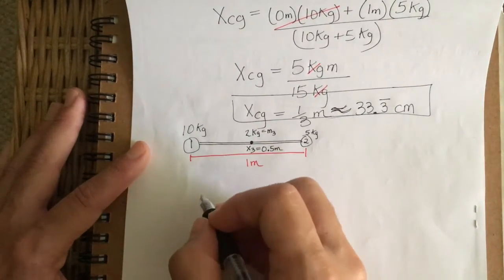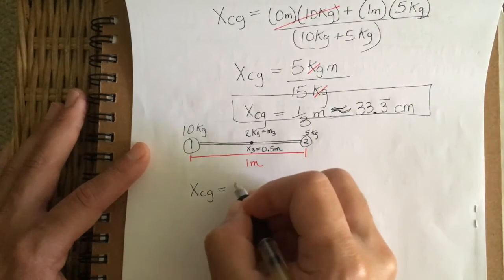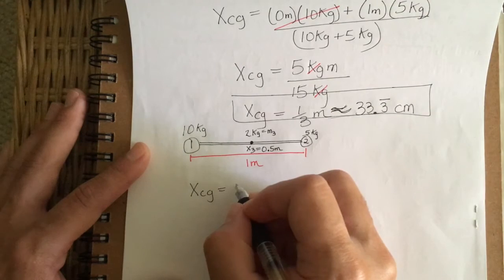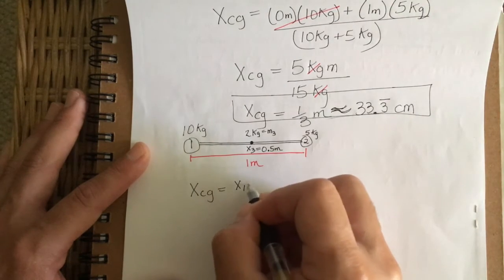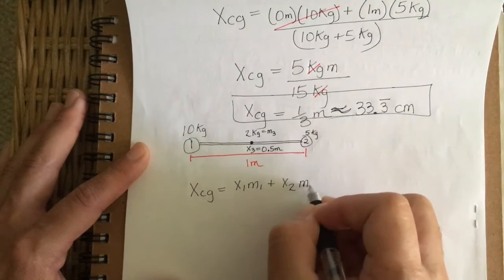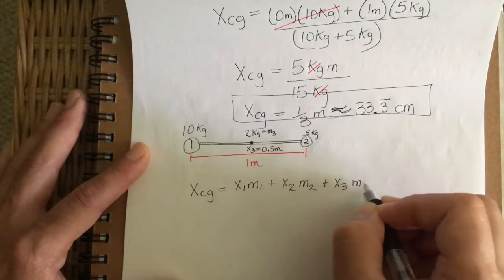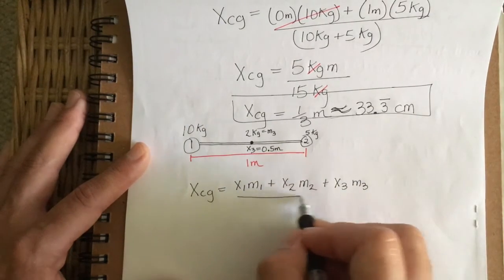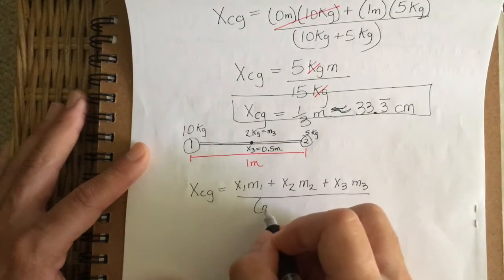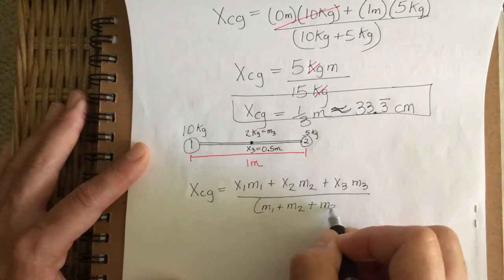So we'll go ahead and get our formula. XCG is equal to x1 m1 plus x2 m2, and now we have a third mass, x3 m3, divided by m1 plus m2 plus m3.